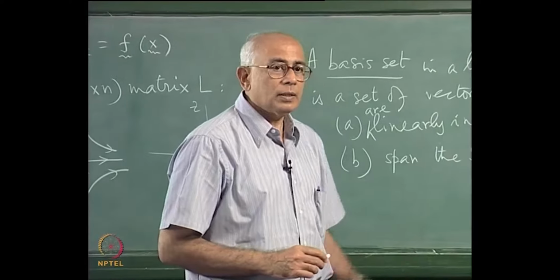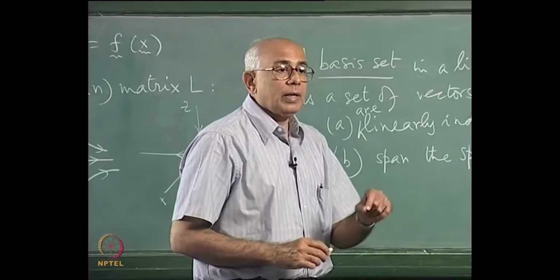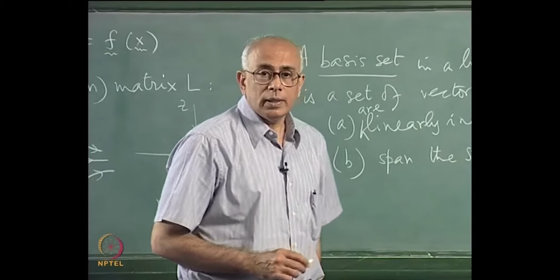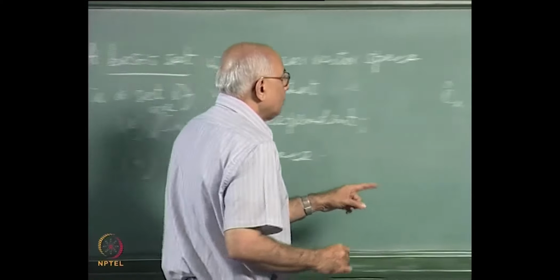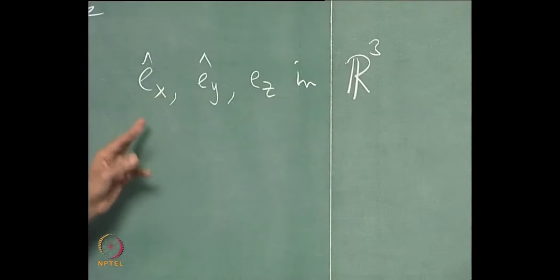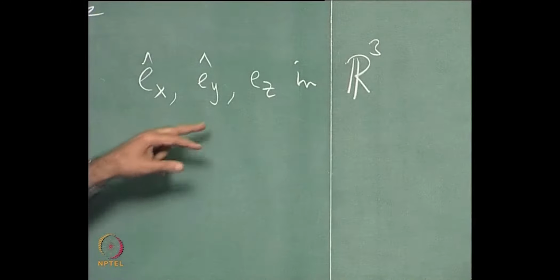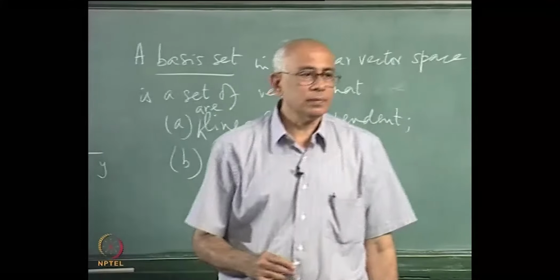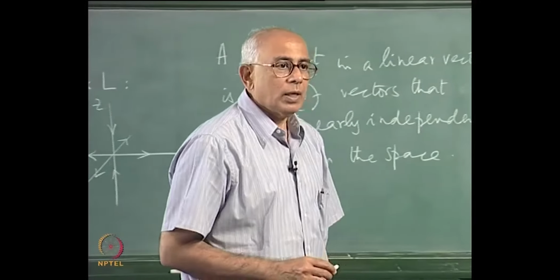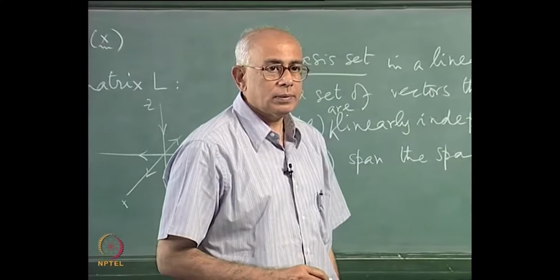They are orthonormal in the sense that Ex dot Ex is 1, and so for Ey and Ez, and Ex dot Ey, Ey dot Ez and Ez dot Ex are equal to 0, they are orthogonal to each other. Now these vectors are linearly independent of each other in the sense that none of them can be written as a linear combination of the others.